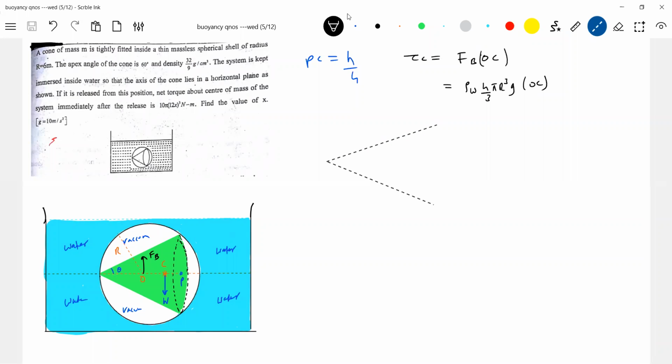What all we know. A plane diagram I'm taking help of. So we know this is 30 degrees. We need this height of the cone. We need the height of the cone here.